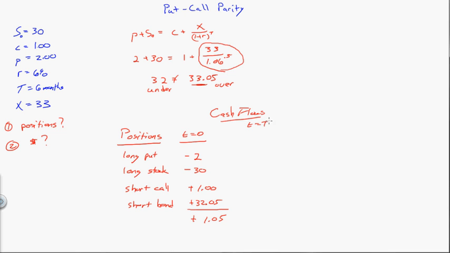Well, at maturity, the stock price is either below the strike of 33 or above the strike of 33. What's the payoff to the put? The payoff to the put, if it's below the strike price, will be strike minus ending stock.